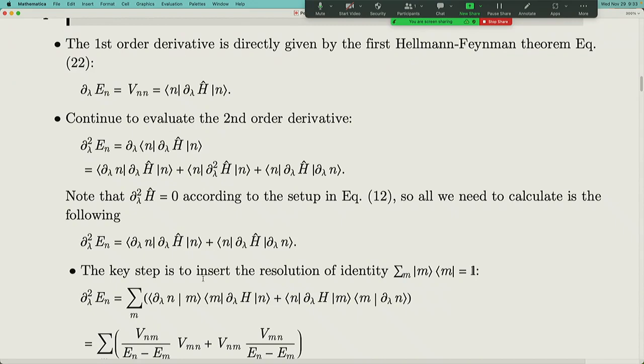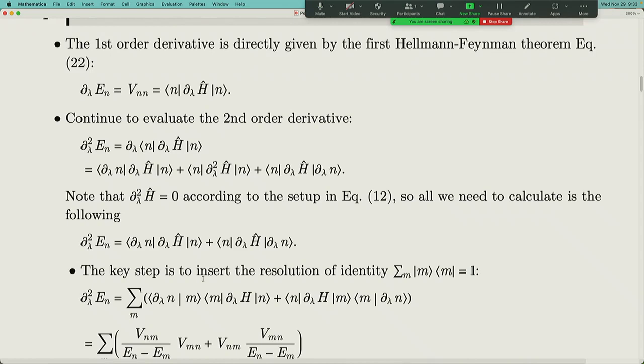Then you can use the product rule again, which says the derivative needs to be taken for every factor. There are 3 factors here: the bra vector, the derivative of the Hamiltonian, which is still an operator, and the ket vector. So we can take the derivative of the bra vector, the Hamiltonian derivative operator, and then the ket vector.